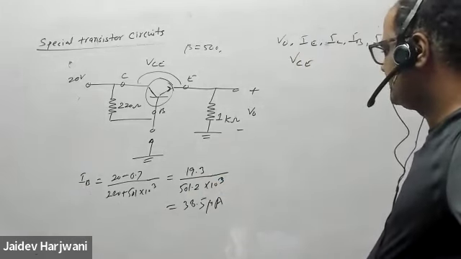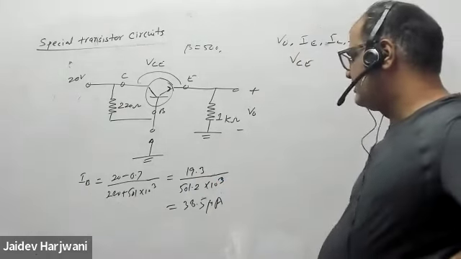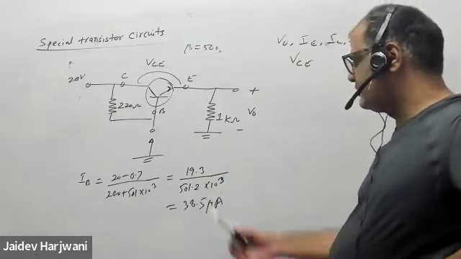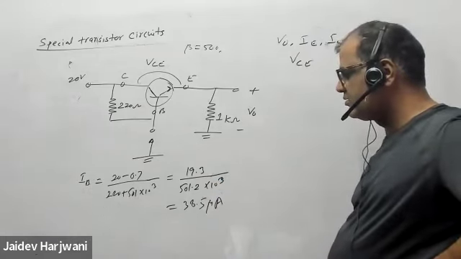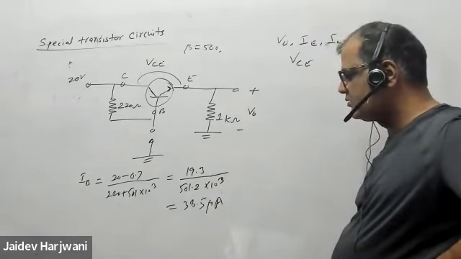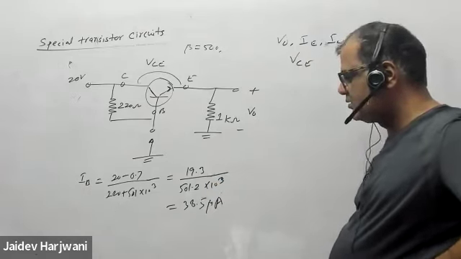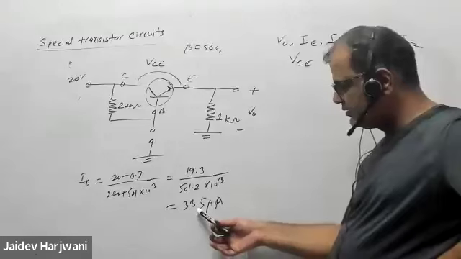Sorry, this 4 goes here. Anyone else? Tell me the values. 38.5. Is it correct? Yes, sir.